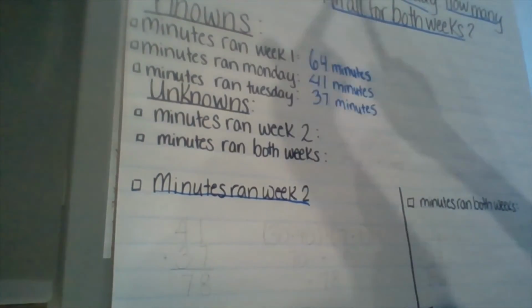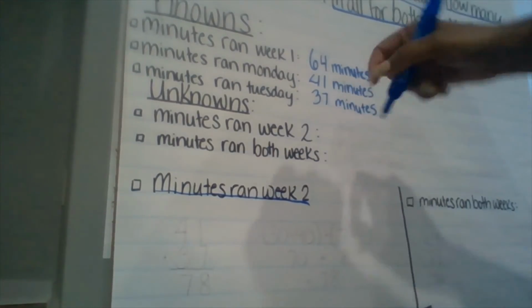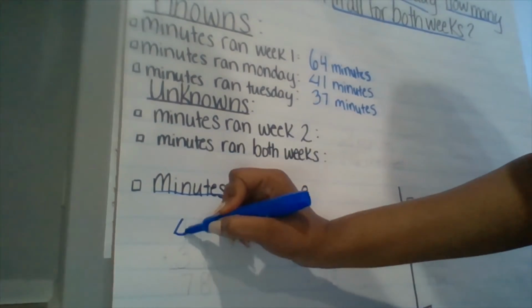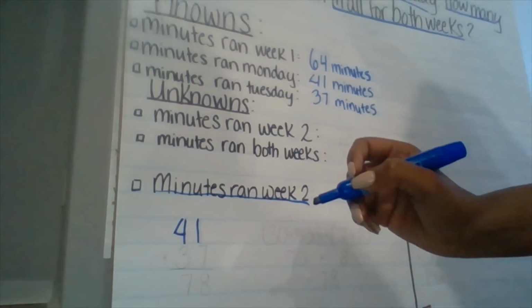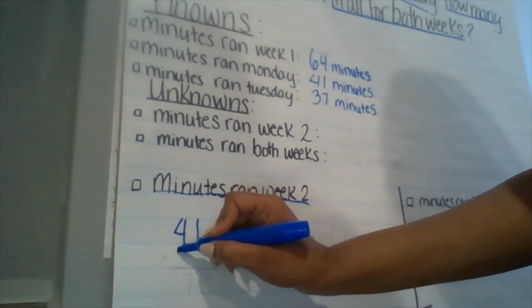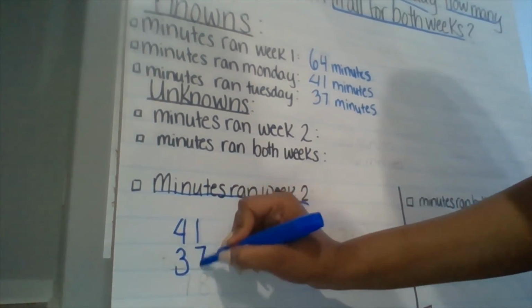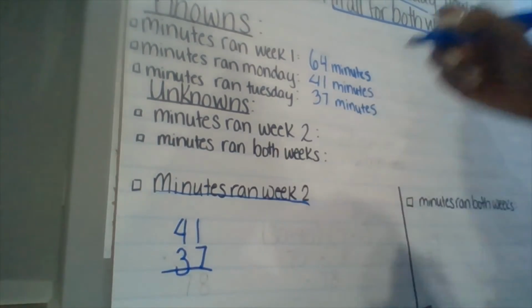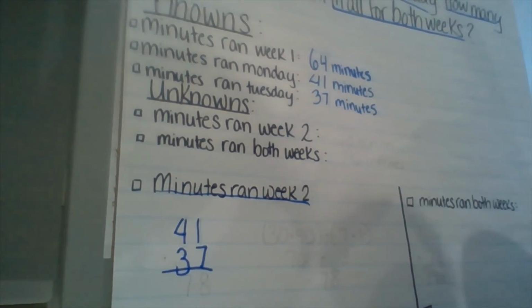I know week 2 she ran on Monday 41 minutes. And on Tuesday she ran 37 minutes. So now I can reread the prompt, visualize, and then solve for how many minutes she ran in week 2.